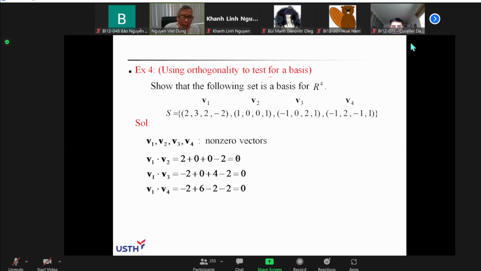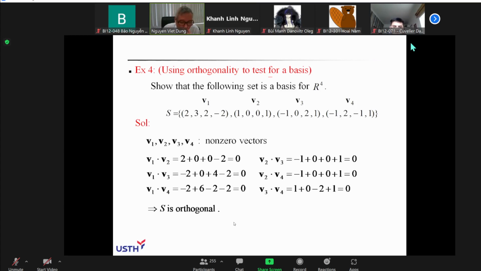And if we consider the inner product or the dot product, they all are 0. So the system is orthogonal. Because they are non-zero and orthogonal, they are linearly independent. And because they are linearly independent and the number of vectors is exactly the dimension of the space, it is a basis for R4.